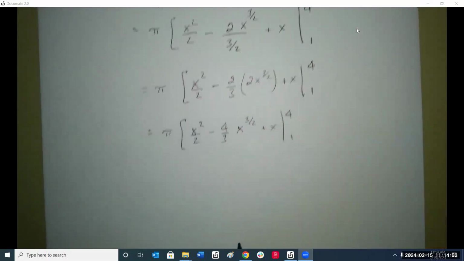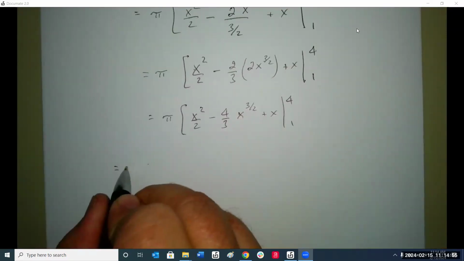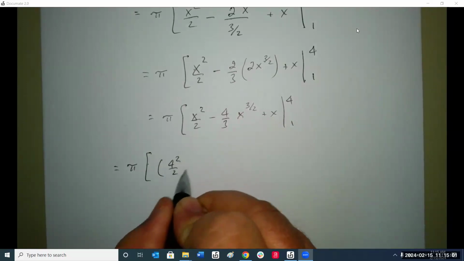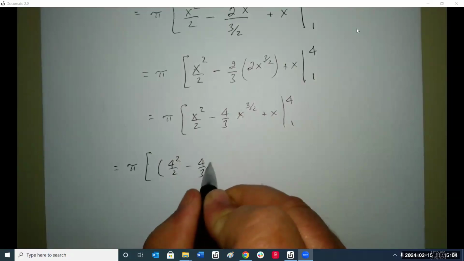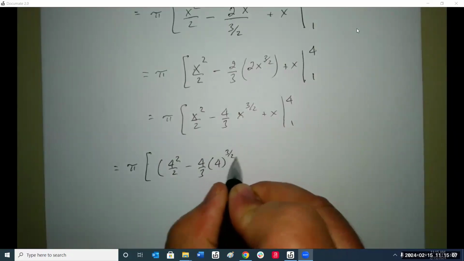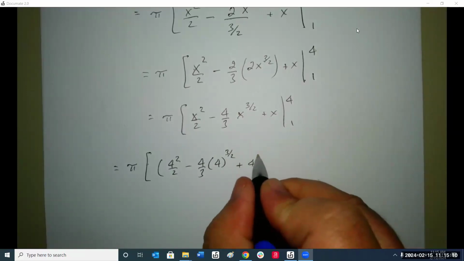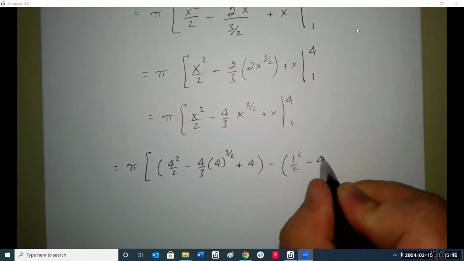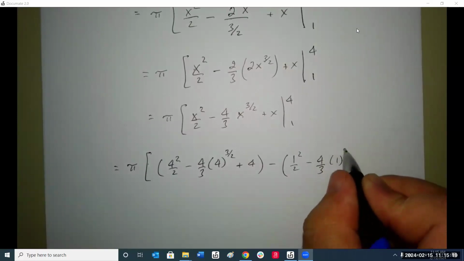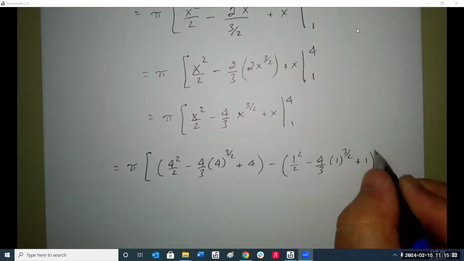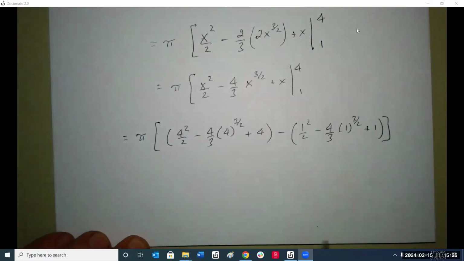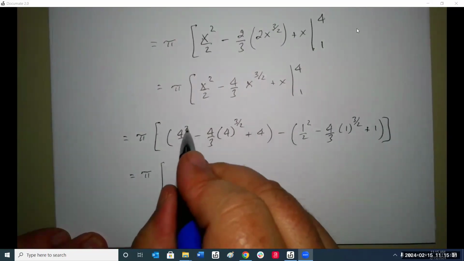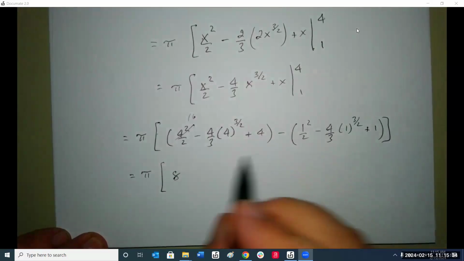Okay, now I'm ready to plug in the values. Four squared over 2, minus four-thirds times 4 to the power 3/2, plus 4, minus 1 squared over 2. Four squared is 16, divided by 2 is 8.